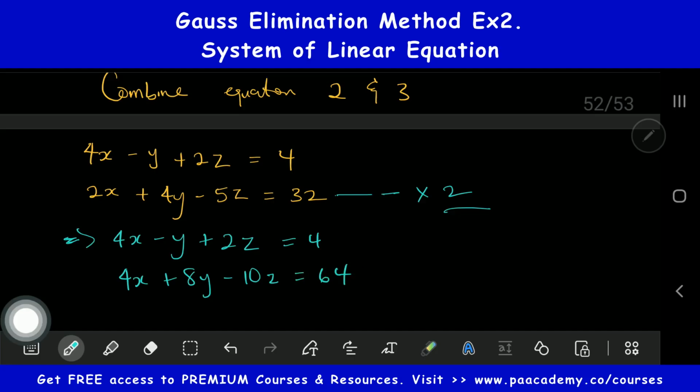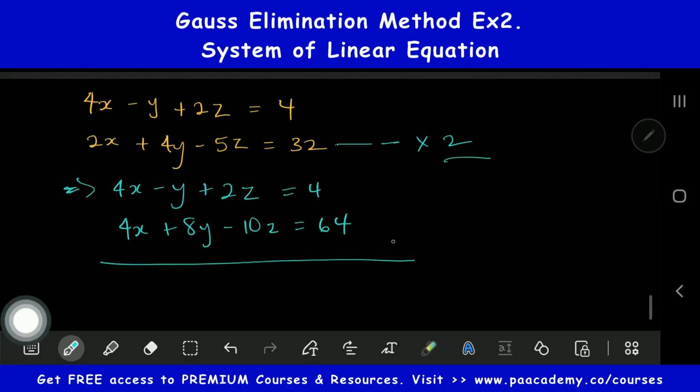Now we can go ahead and subtract. If you subtract, this is cancelling this, right? So we are going to be having minus y minus plus 8y, so this will just give us minus 9y. Then we are having 2 minus 10, that will give us plus 12z, then equals 4 right here minus 64.